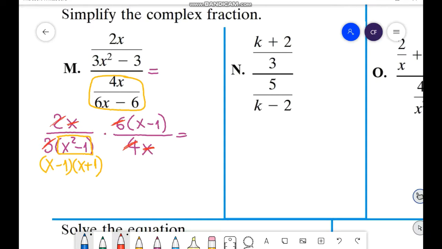That's very cool, because you can cancel out x minus 1, and the only thing that is left is 1 on the numerator and x plus 1 on the denominator. Okay?